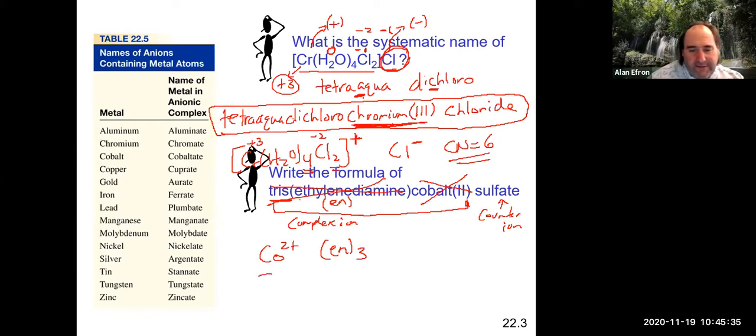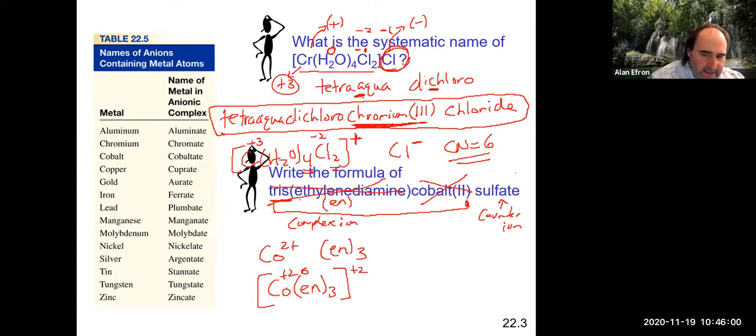So if we put that together in our complex ion, we have a cobalt, we have 3 of these guys. So what we want to figure out is what is the overall charge here of our complex ion. And if we do that, our cobalt is +2, this guy is 0. That means that our overall charge of our complex ion is actually +2.